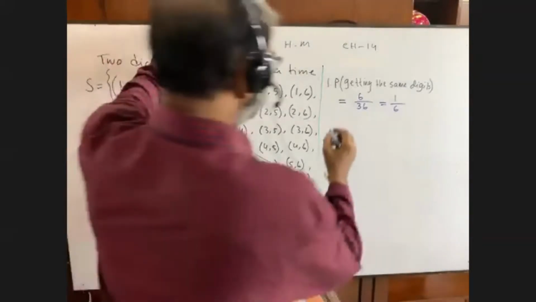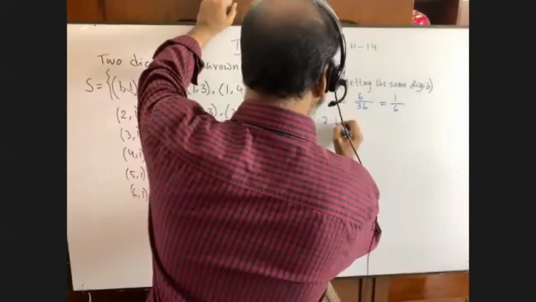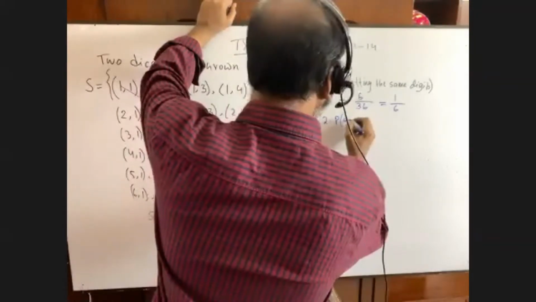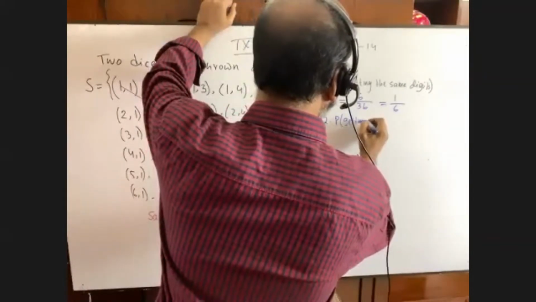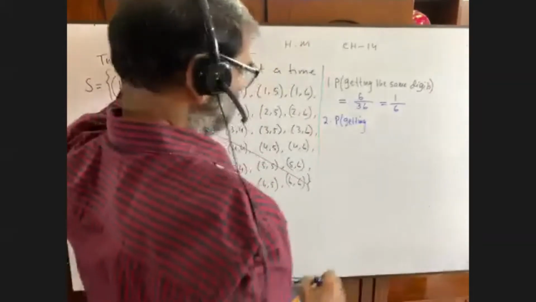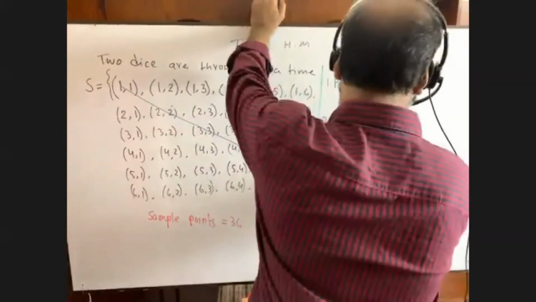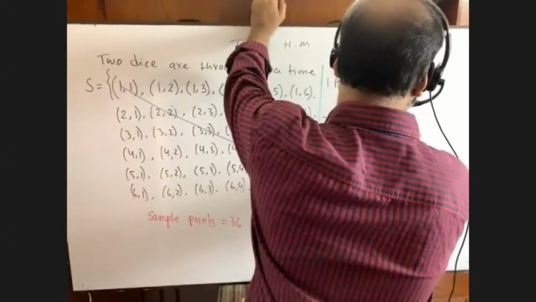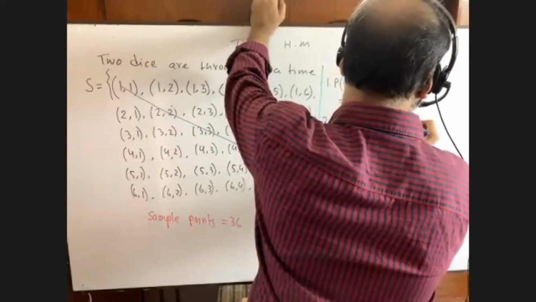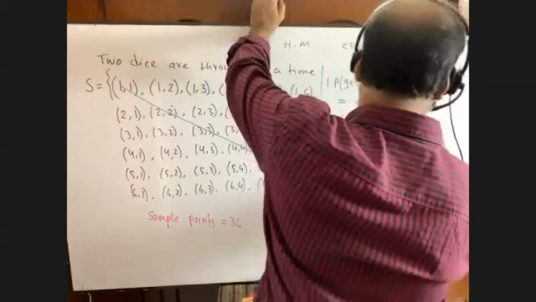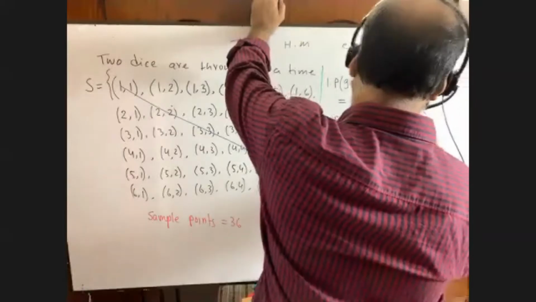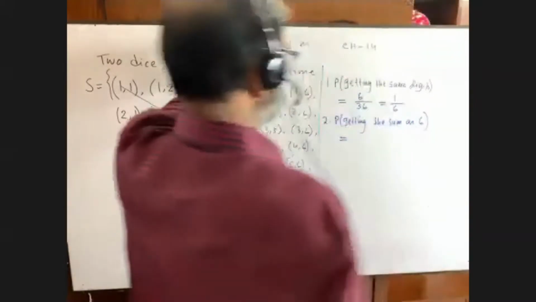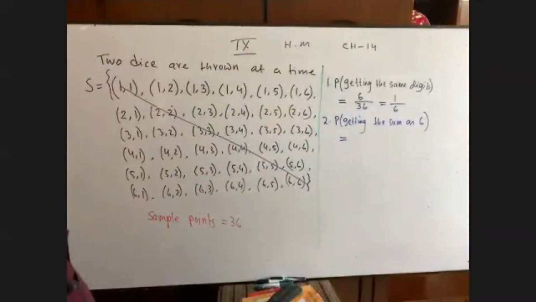Number 2, probability of getting the sum as 6. Can you tell me?